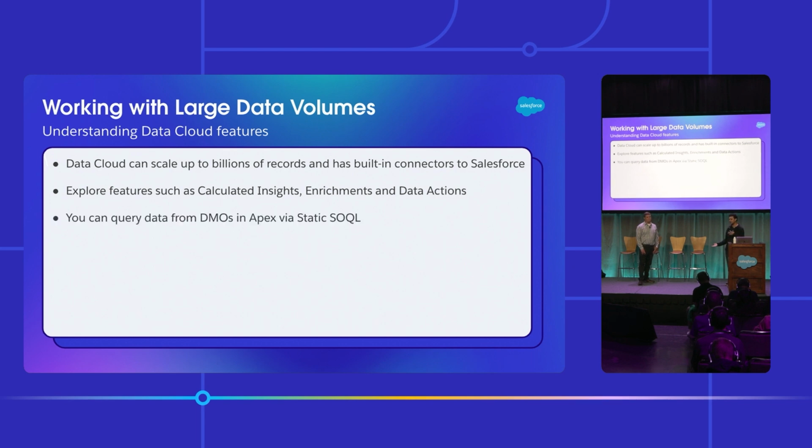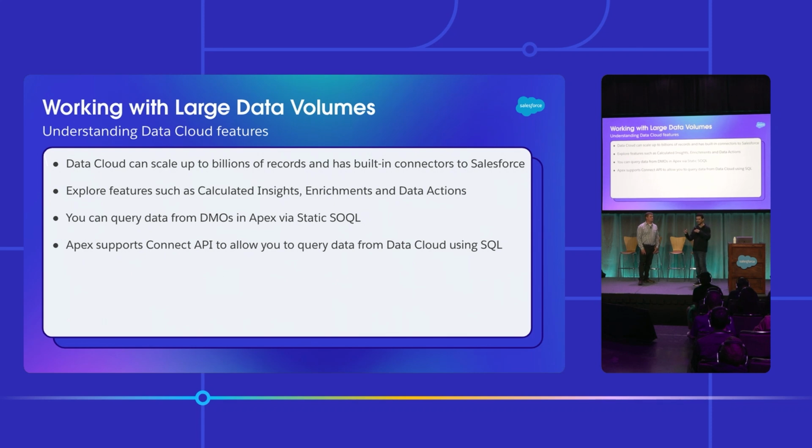And thanks to the Apex team, because now they have ways to query that data from Apex. You can query that same data in Data Cloud through Apex. And there is a Connect API now that allows you to query that data in Data Cloud using SQL. So you can have an Apex service where you can write SQL, and that will query Data Cloud.